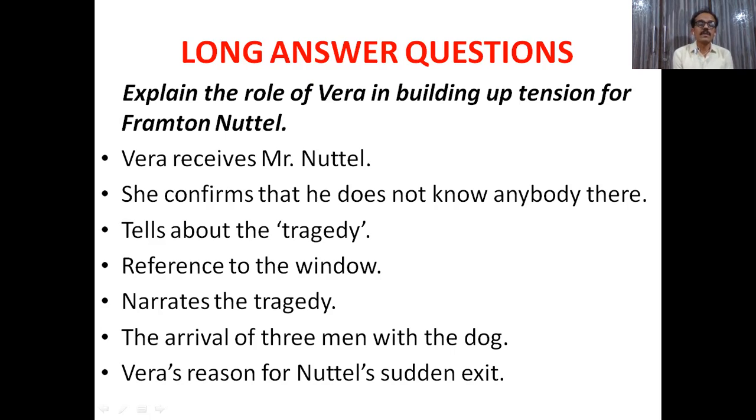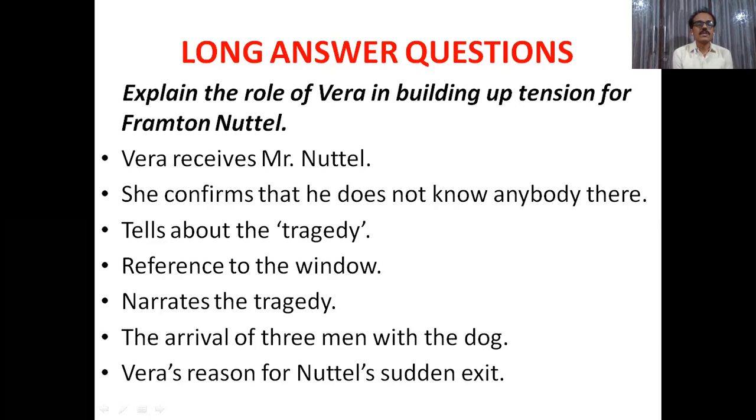In her conversation with Mr. Nuttall, she gathers the information that he doesn't know anybody there. Even if he knows anybody, that is Mrs. Sapleton, he knows only her name and address, and nothing but that. So Vera is very clear of this aspect.